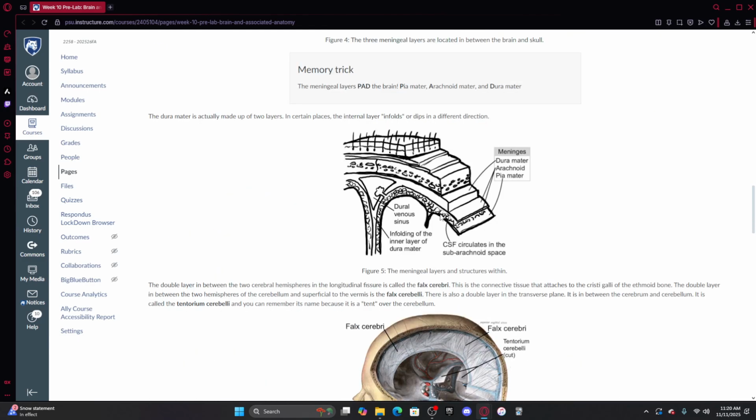So if I'm looking at this here, this is the pia mater, this is the arachnoid mater, and in between the arachnoid and the pia mater, you have the subarachnoid space, and that's where your cerebrospinal fluid is going to be traveling. And then you have this thick dura mater here.